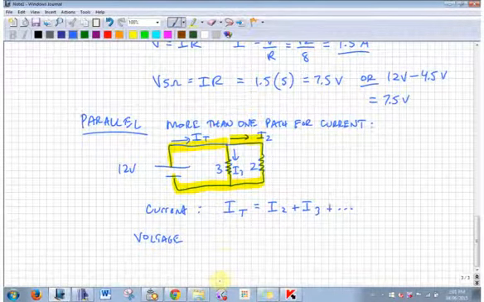So what does that mean for this circuit? If I've got 12 volts, how much is consumed by this resistor? 12 volts. How much is going to get consumed by this resistor? 12 volts. It all gets consumed by the time it gets back to the battery. It doesn't go this way and then loop around and go that way again.